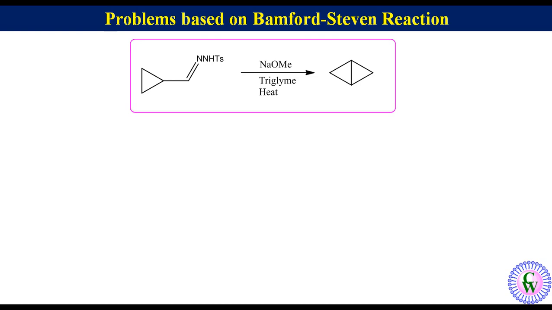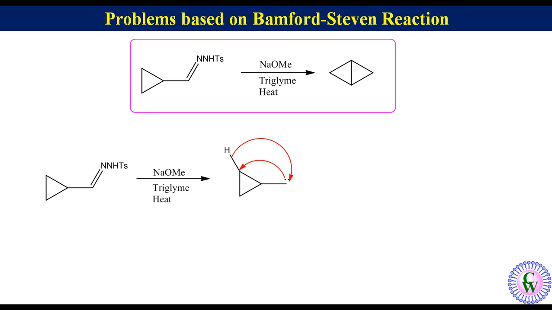In this reaction, tosylhydrazone of cyclopropane carboxaldehyde is reacting with base under aprotic condition, since triglyme is an aprotic solvent. Under aprotic condition, it will generate carbene intermediate, as we have discussed earlier, that will undergo CH insertion reaction to produce bicyclobutane.